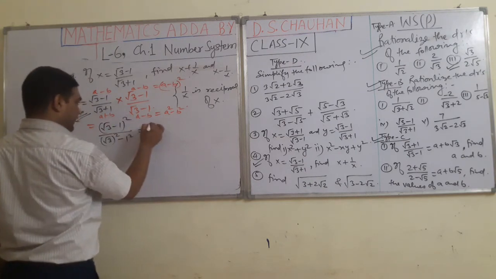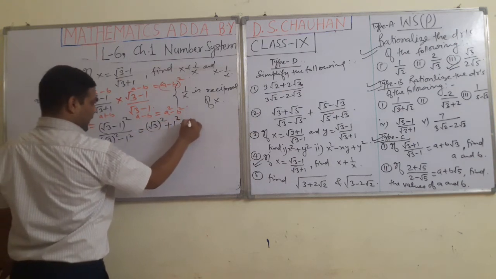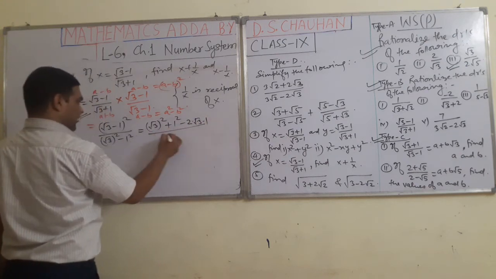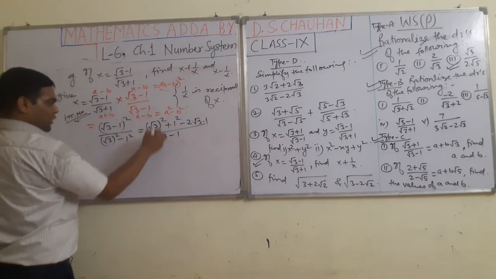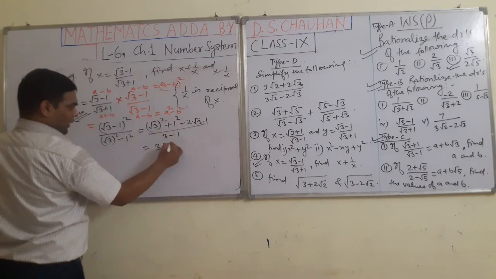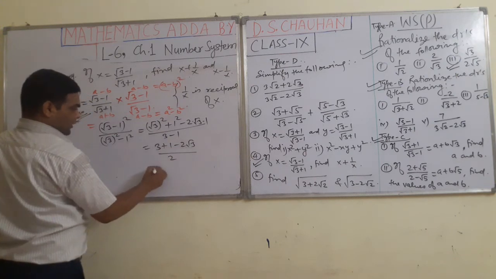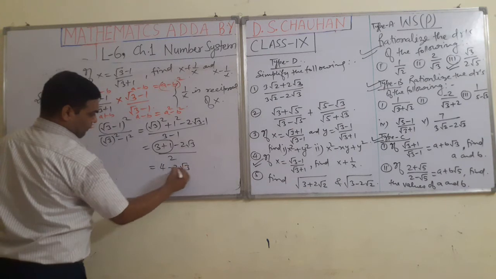So root 3 square is 3, 1 square is 1, minus 2 root 3, upon 2. Simplify: 3 plus 1 is 4, so 4 minus 2 root 3 upon 2.